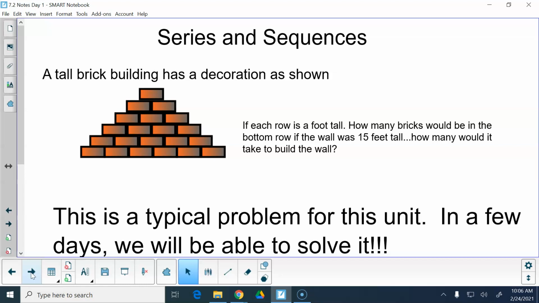Both are great problems for this unit. Today we'll be able to answer the how many bricks are in the bottom row question. Tomorrow we'll be able to answer the how many total bricks there are question. And then we would give this problem on Monday, because this would be an application type of problem.